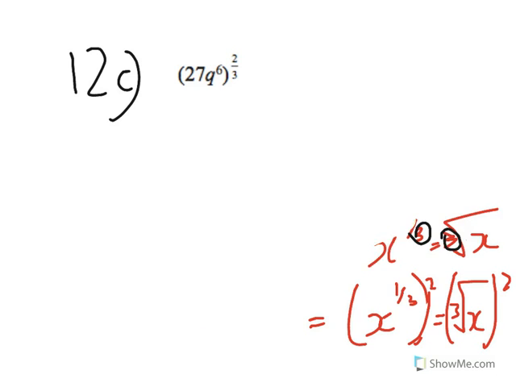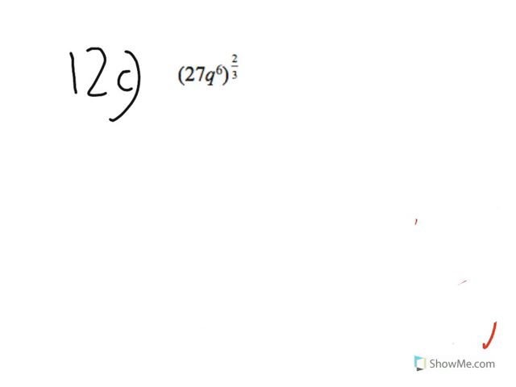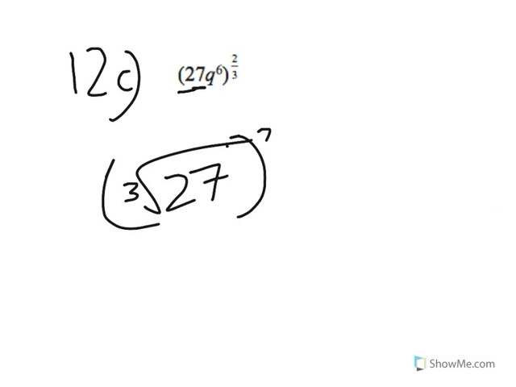Okay, so now that you know all of this, let's solve this question. You have 27q to the power of 6, to the power of 2 over 3. So first of all, let's deal with the constant. It becomes 27 to the power of 2 over 3, which is nothing but cube root of 27, squared, according to what I explained over here. Remember, I drew it there. And q to the power of 6, to the power of 2 over 3, is nothing but q to the power of 6 times 2 over 3.